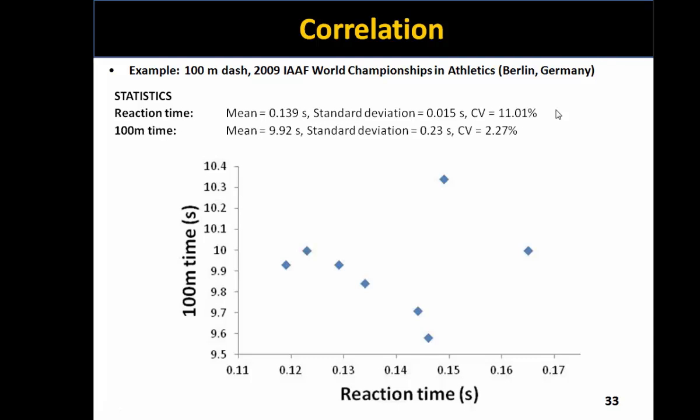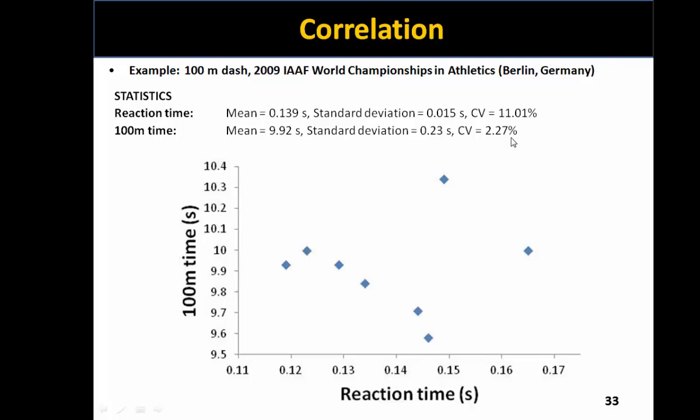In terms of the average 100-meter time, the average time to complete the distance for the finalists was 9.92 seconds with a standard deviation of 0.23 seconds and a coefficient of variation of 2.27%.